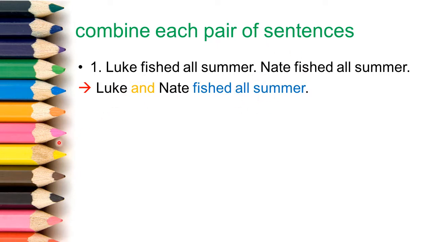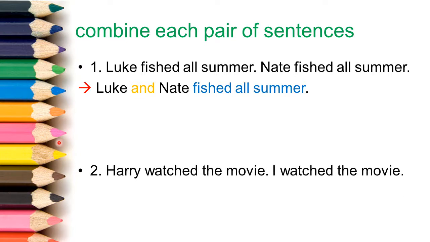Number 2. Harry watched the movie. I watched the movie. So let's find the verb. Where's the verb here? Watched. So the verb here, or the predicate, is watched the movie in both sentences. So who watched the movie? Harry watched the movie. And in the second sentence, I watched the movie.